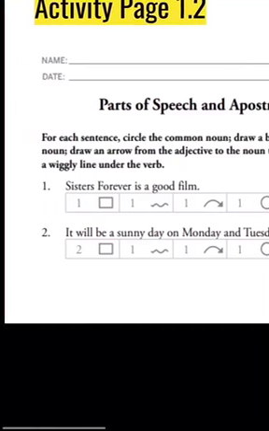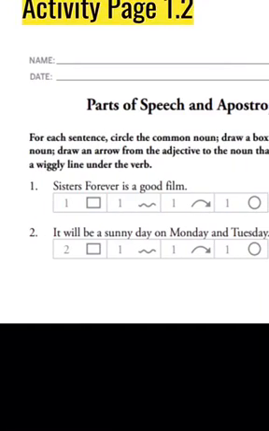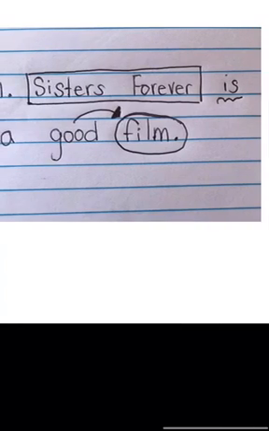It looks like that. Okay, next, your verb. Where's your verb in that sentence? Where are we going to draw our wiggly line? Is is the verb in that sentence. Okay, so you're going to actually draw the wiggly line under the word is.